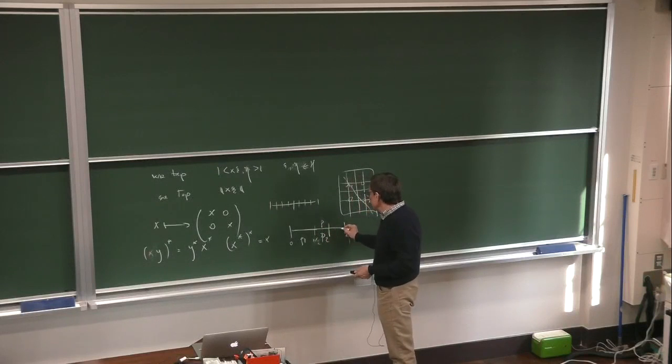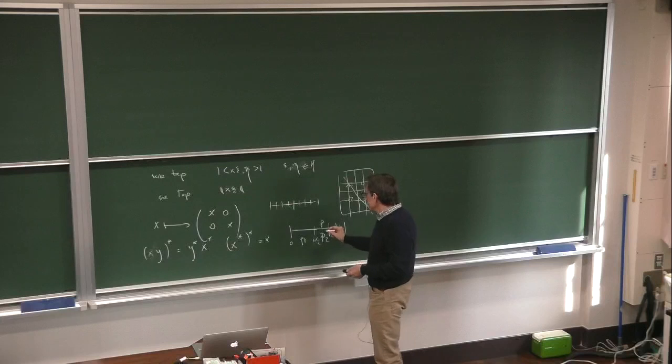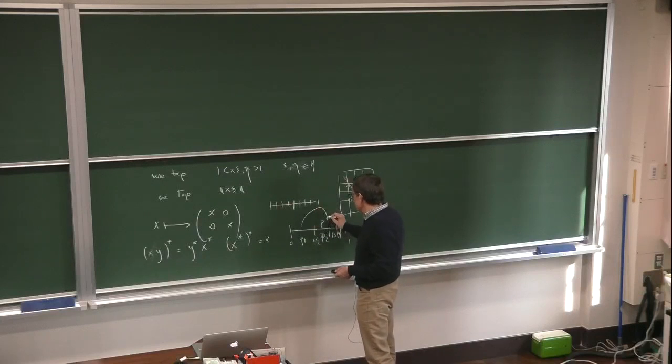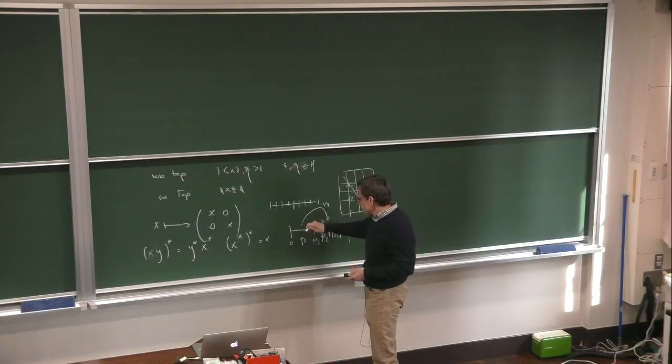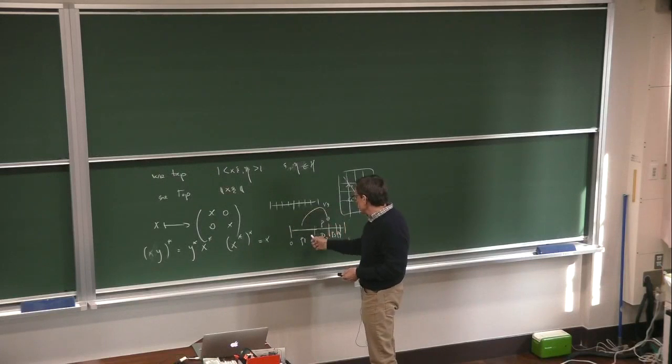Then I'm splitting the rest in 2. This is P3, and so on. And each time I also keep track of V1, the partial isometry that gives me the equivalence between P1 and 1 minus P1.